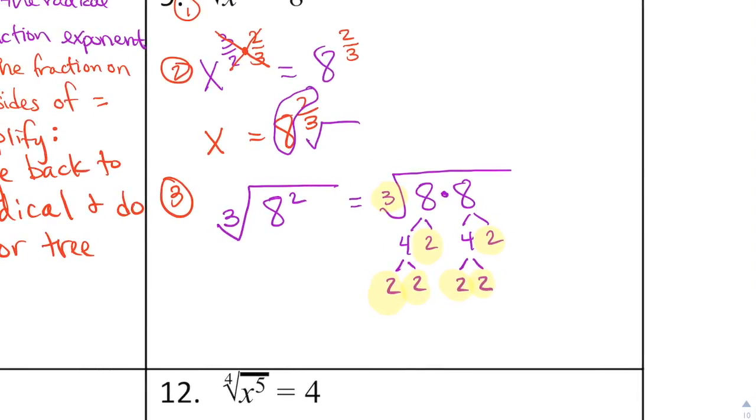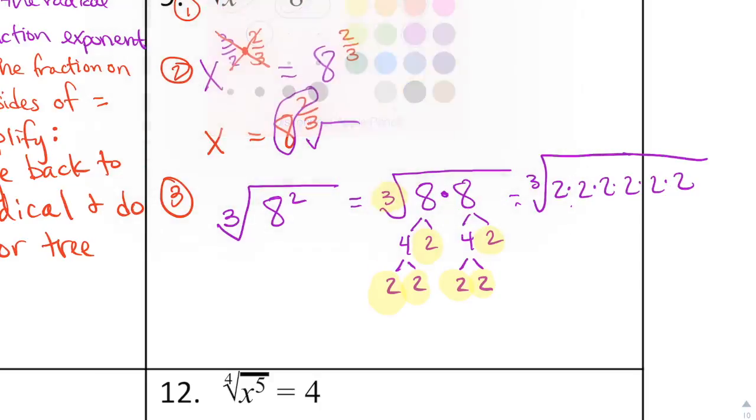Again, I can write that out so I can see it. I basically have 1, 2, 3, 4, 5, 6 2s. So this equals the cube root of 6 2s. And I need groups of 3. All right, well, here's 3. That 2 comes out.